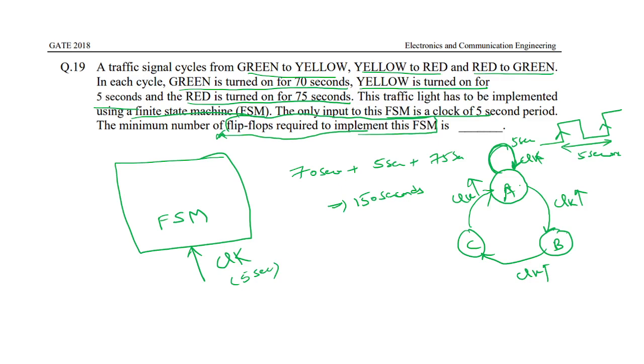You come back to the same state, but you need to change the output, if that is required. So how many flip flops are required? 150 divided by 5, you need to change 30 states. To implement 30 states, how many flip flops are required? 5 flip flops.